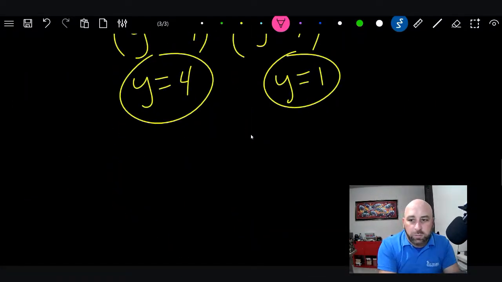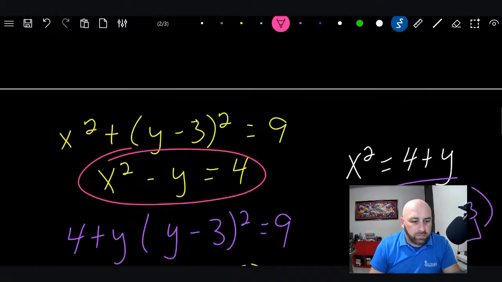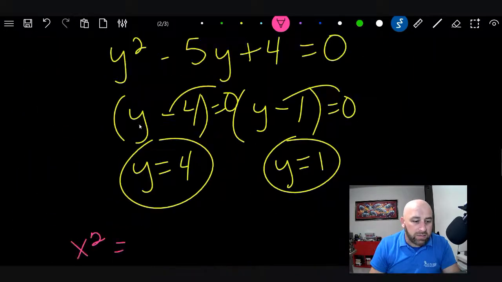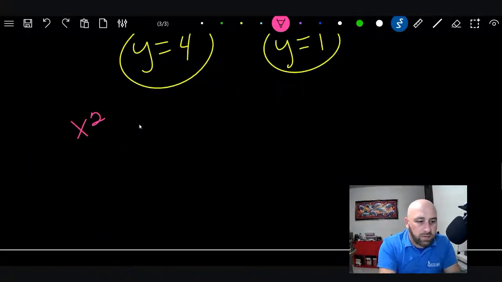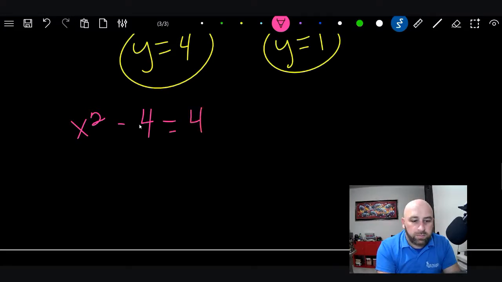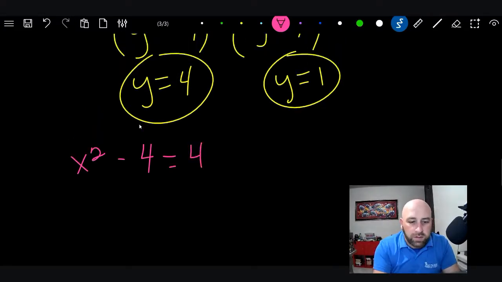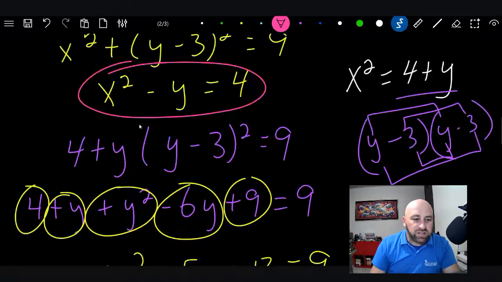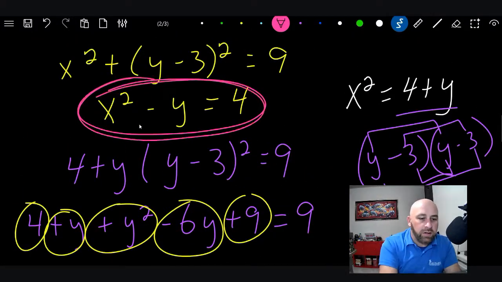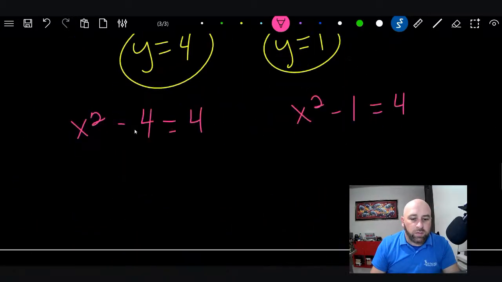So we're going to go x squared minus y equals 4. So x squared minus 4 equals 4. Okay. And then the other one would be x squared minus 1 equals 4. And that's just that equation right here, this one right there, with the 4 in there.